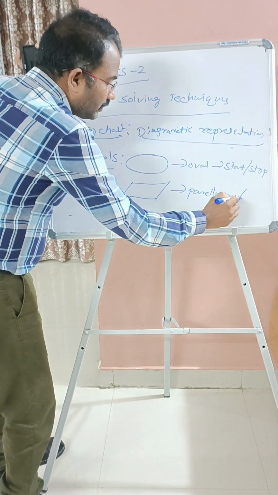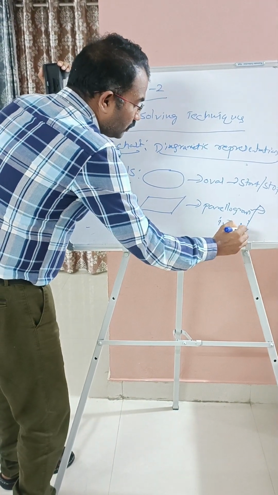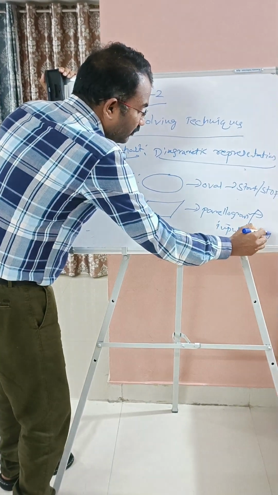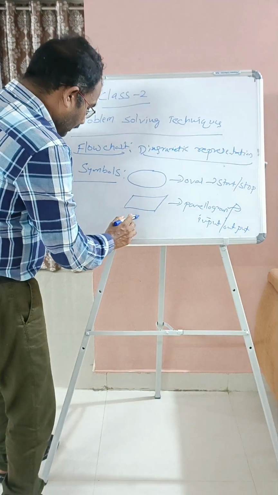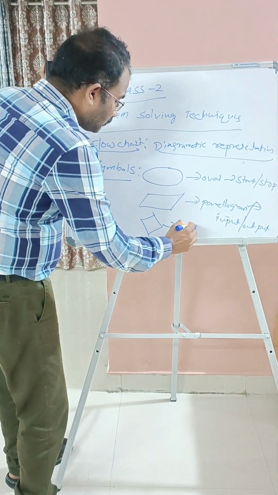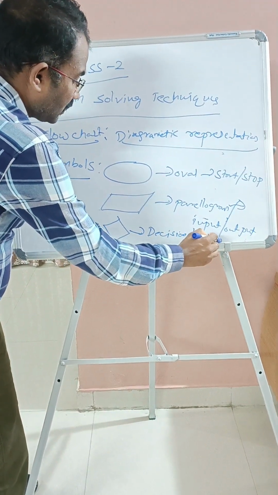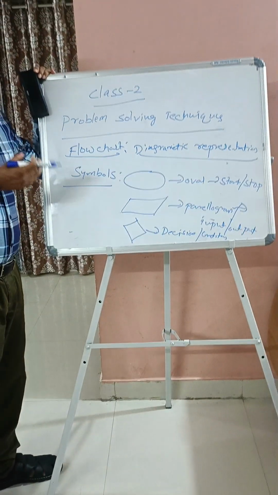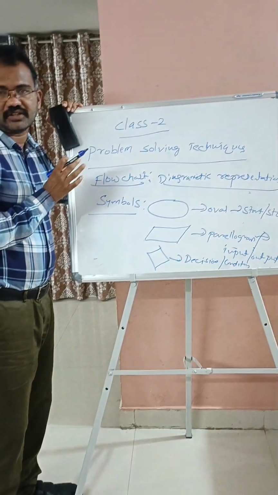This is for input and output. To give input or get output, we use the parallelogram symbol. Next one, decision or condition. This is a rhombus, used to write the condition.